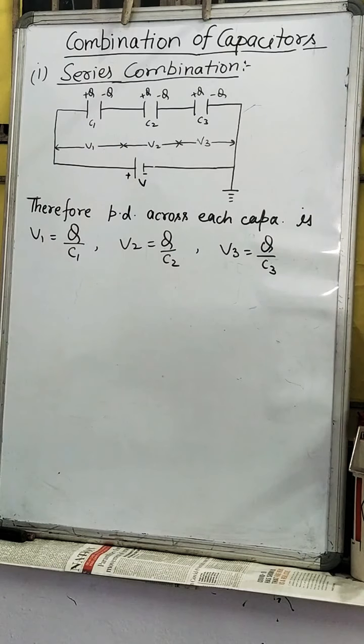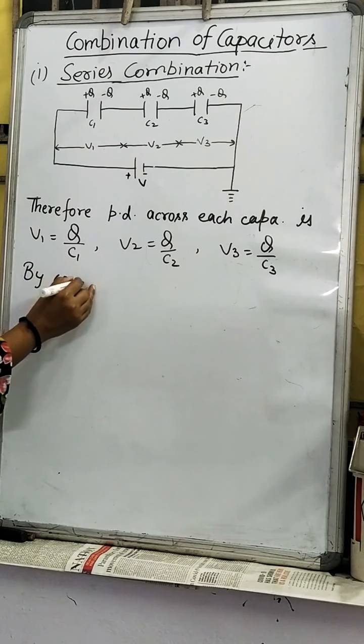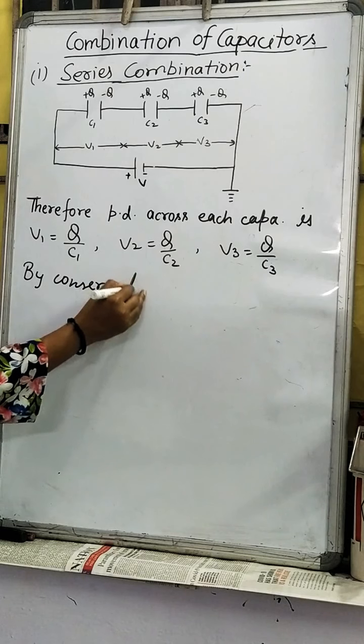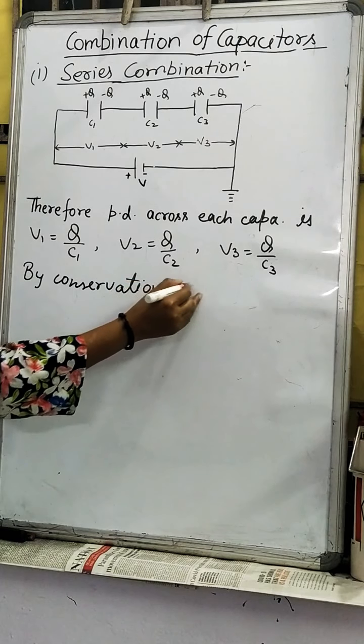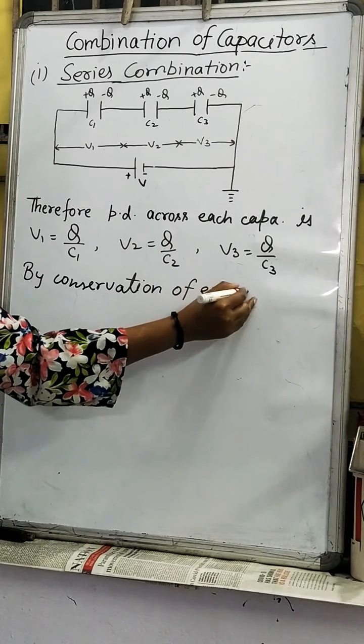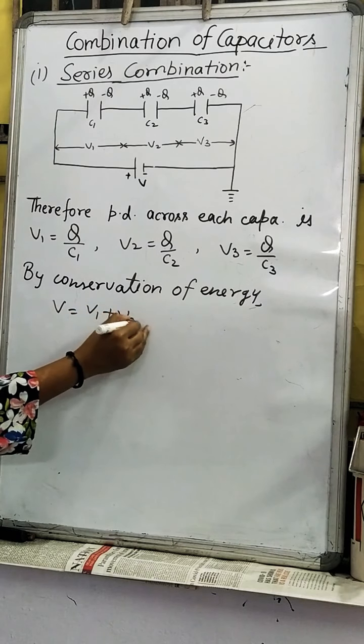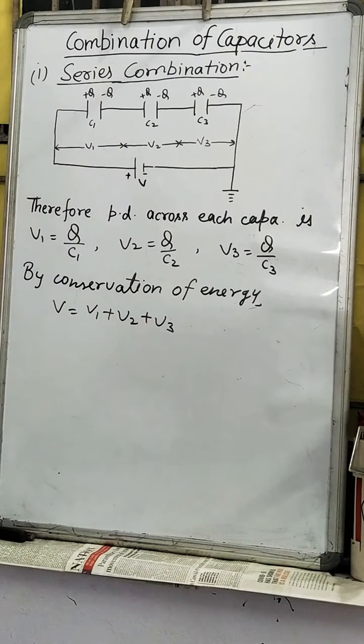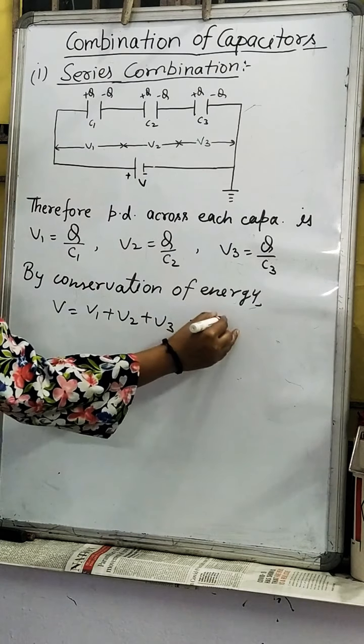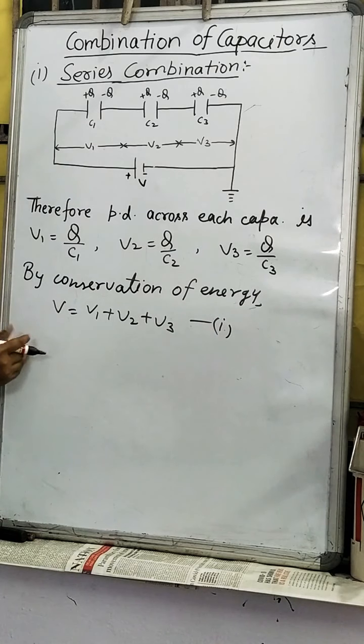The charge is the same. Now by conservation of energy, V should equal V1 plus V2 plus V3. Let it be equation first. For the whole system, we will write V equal to Q upon CS.